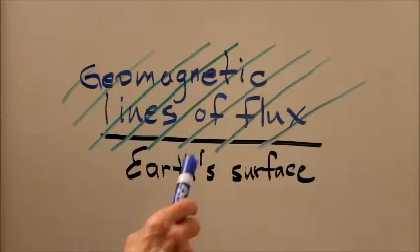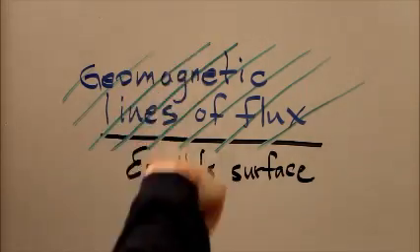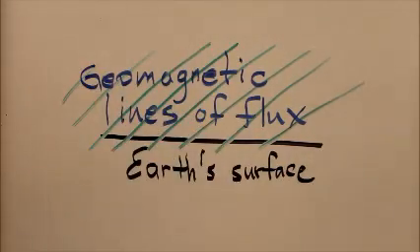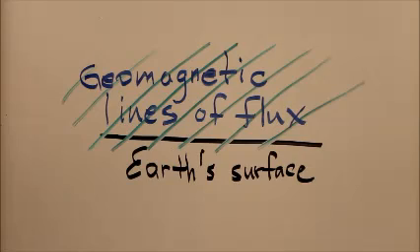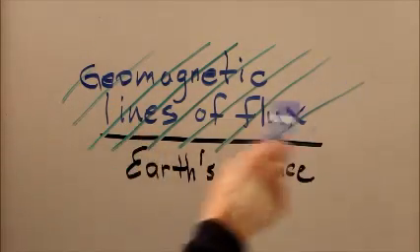If you're near the Earth's magnetic poles, those lines of flux will go just about straight up and down. If you are near the geomagnetic equator, which is the line running around the Earth midway between the geomagnetic poles, these lines will be just about horizontal.